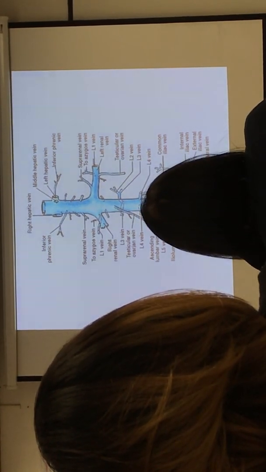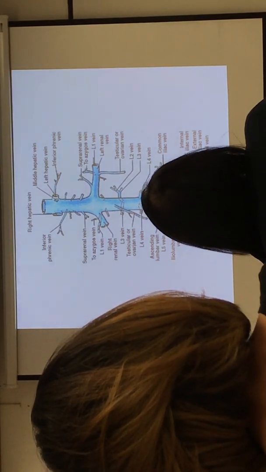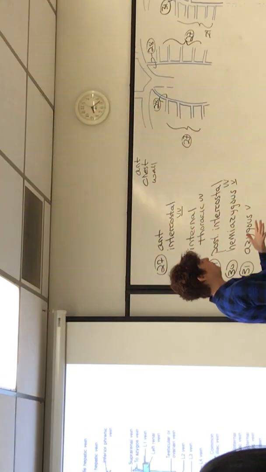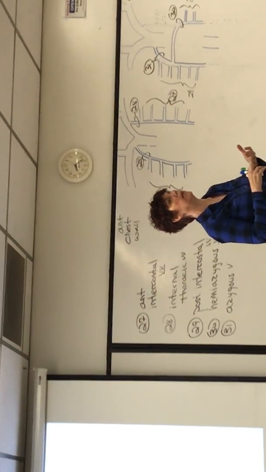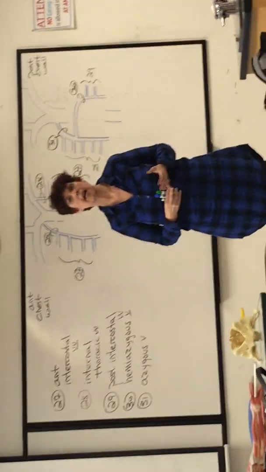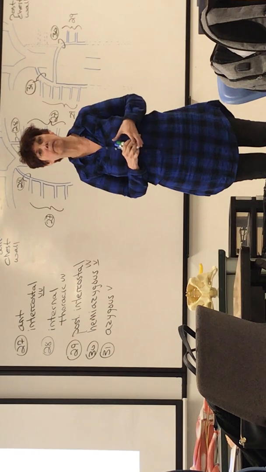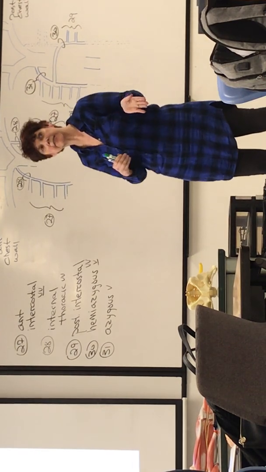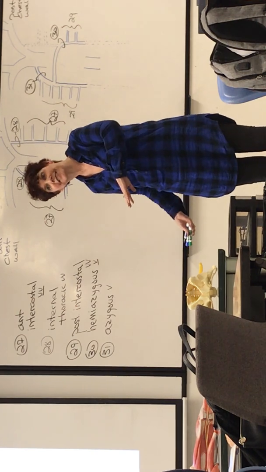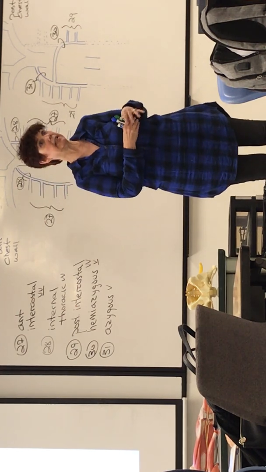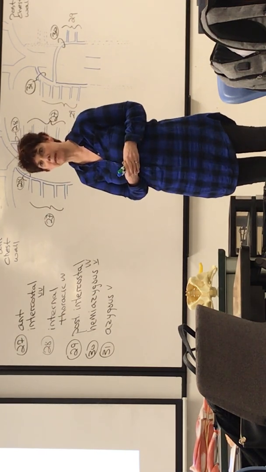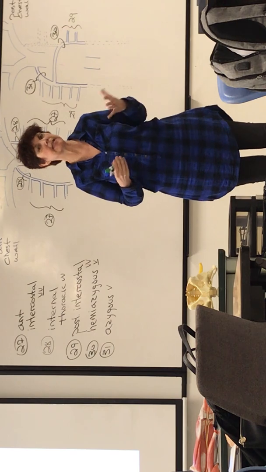So we have another portal system here, and this involves the digestive system, all right? So we pick up nutrients that we've digested in the lumen of the small intestine. Those are absorbed into the superior mesenteric vein. We get fluids and vitamins from the inferior mesenteric vein. And instead of sending all that blood back to the heart and then pumping it to the liver, because the liver is the largest gland in the body, and it's going to use most of those amino acids for making proteins that we find in the blood.